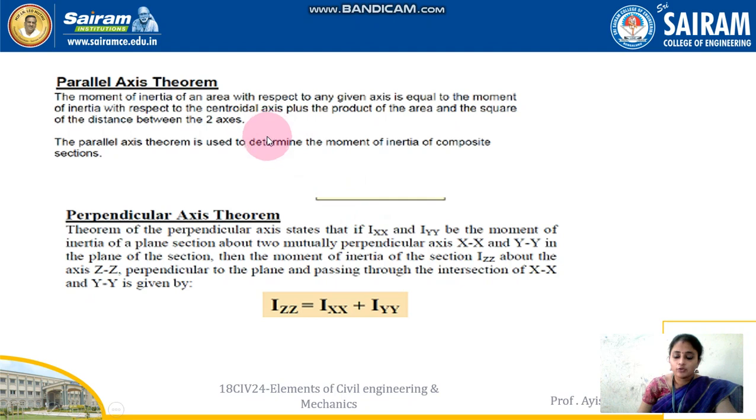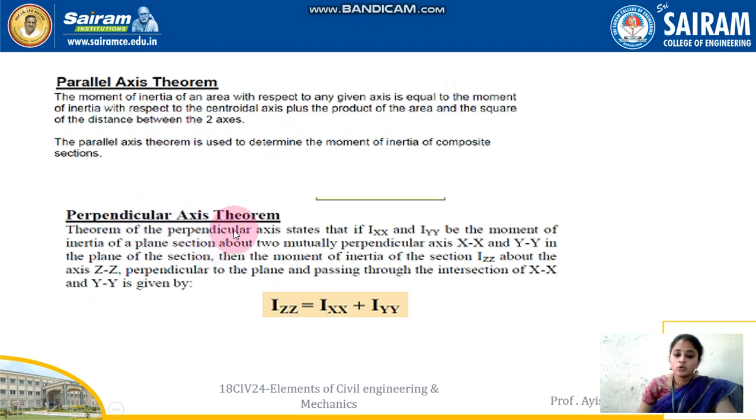Okay, and we have two important theorems in moment of inertia, the parallel axis theorem and the perpendicular axis theorem. The moment of inertia of an area with respect to any given axis is equal to the moment of inertia with respect to the centroidal axis plus the product of area and the square of the distance between the two axes. That means I is equal to Ixx plus A y bar square, or Ixx plus A x bar square.